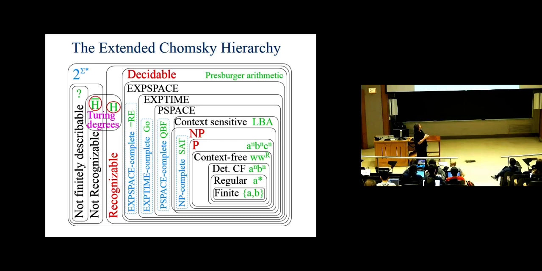For example, I'm alluding to it here with a capital H. It's a big hint. A language that you can recognize yes instances of, but not necessarily no instances of it. The halting problem, right? So we mentioned that a number of times. You can tell if a program halts by just simulating it, but you can't tell if it doesn't halt by simulating it. Right? So the halting problem falls right in this region here.